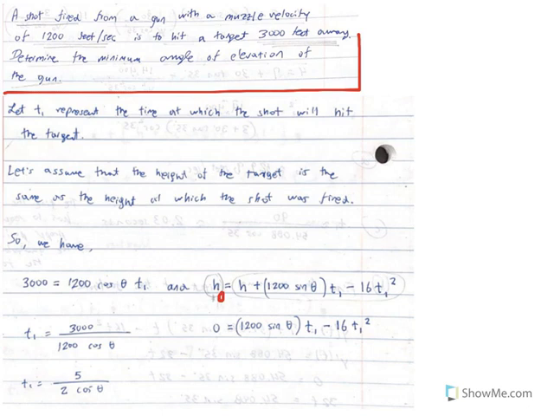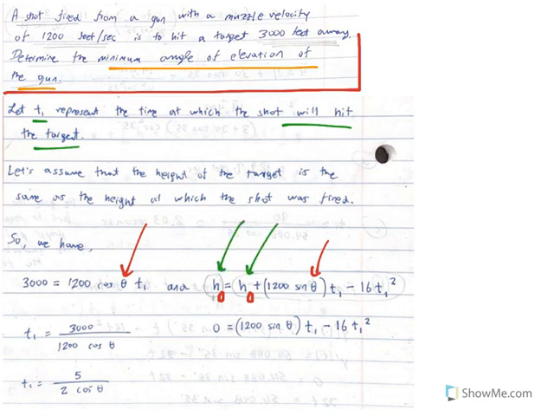So here is our system of equations. And our objective is of course to solve for theta, because that's the question in the problem. Determine the minimum angle of elevation of the gun that is needed for the shot to hit the target. To do so, we will solve this system of two equations and two unknowns. The two unknowns are t sub 1, the time at which the shot will hit the target, and theta, the angle of elevation at which the shot must be fired.